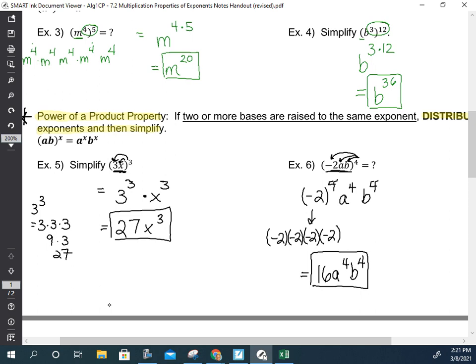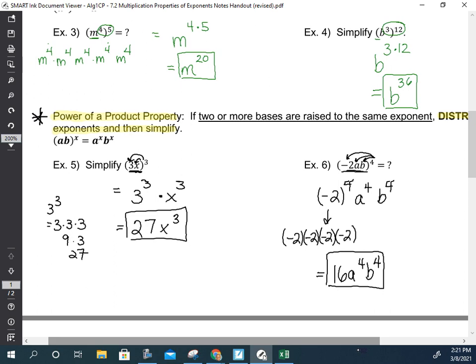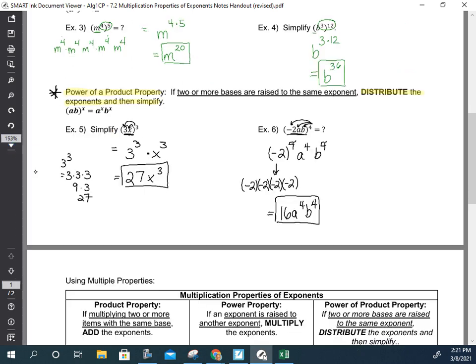Any questions, examples 5 and 6? All right. I'll give an extra 30 seconds for anyone who still needs to copy anything down before we move to the second page of things.